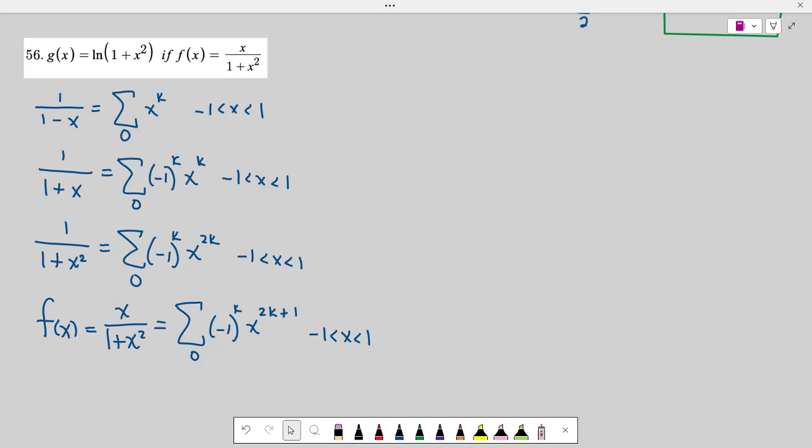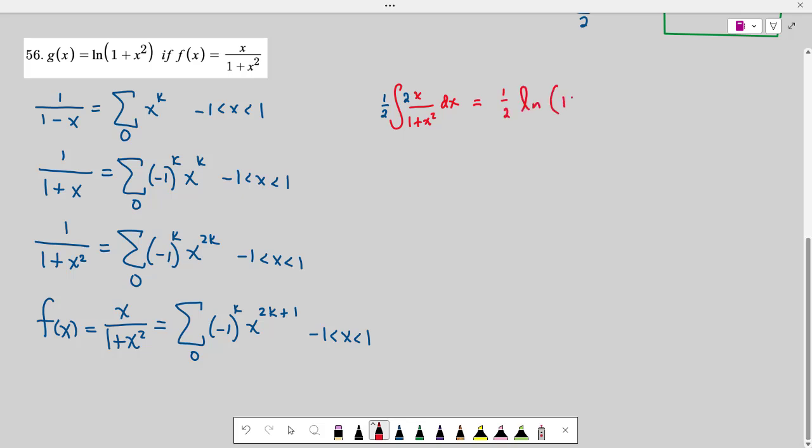So now to get to what Austin had pointed out a minute ago, how do we get to G from F? Integrate. So if we integrate x over 1 plus x squared dx, what does that integrate to? Well, it's in log form if we do this kind of thing. So this is going to be 1/2 natural log.